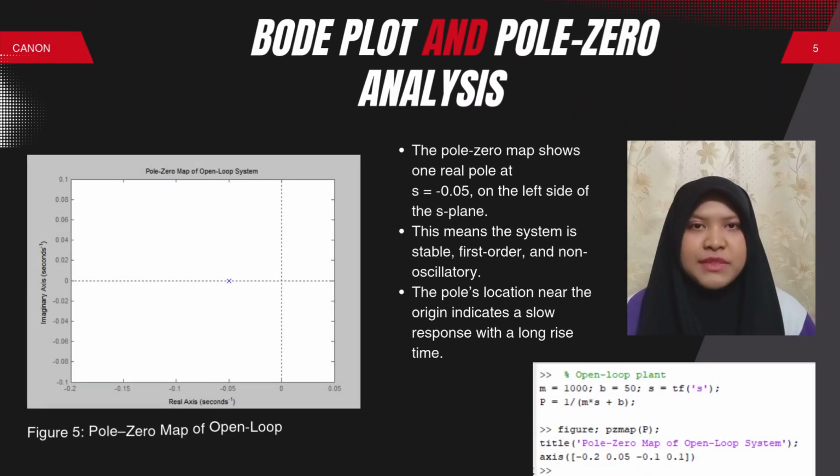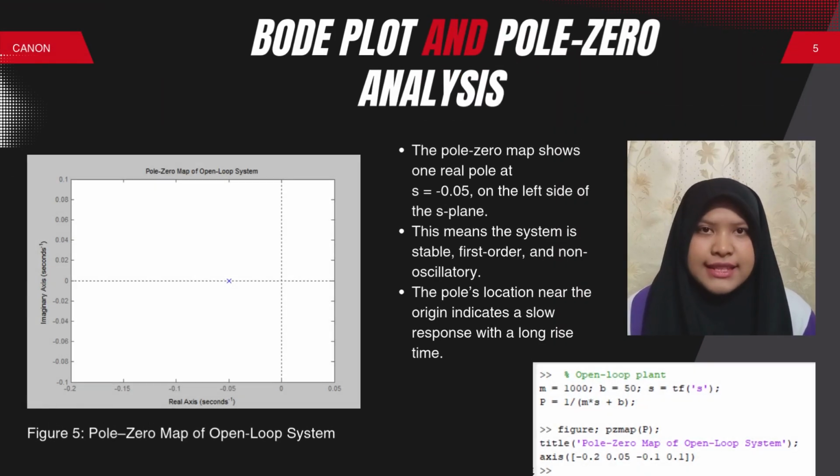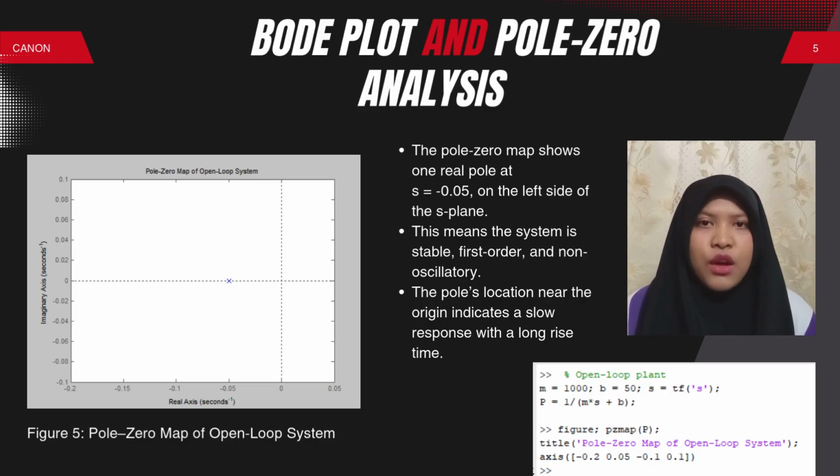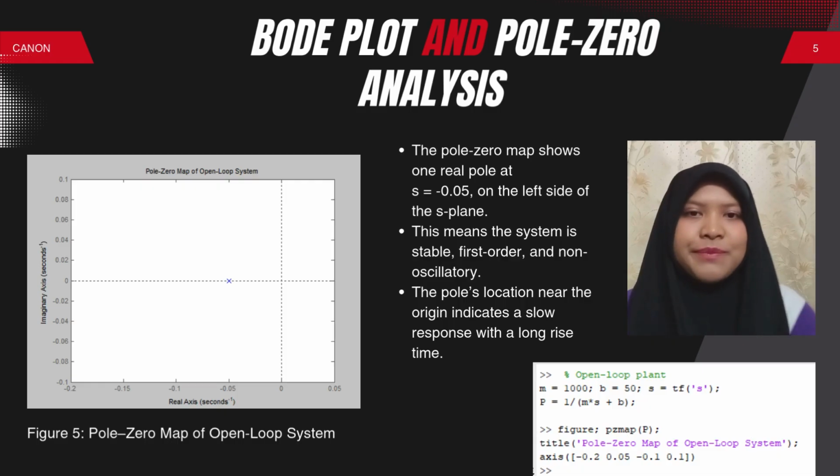To understand the open loop system better, we analyzed it in the frequency domain using the pole zero map and Bode plot. The pole zero map shows a single pole at s equals negative 0.05 on the left side of the S-plane. This means the system is first order, stable, and non-oscillatory. However, since the pole is close to the origin, the response is slow.